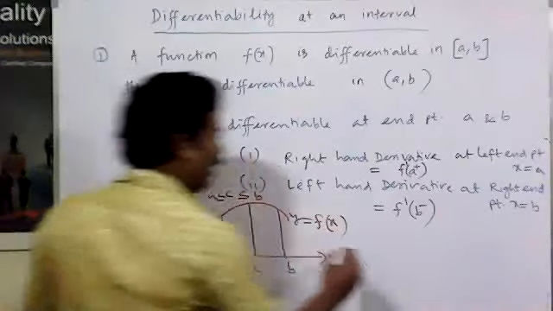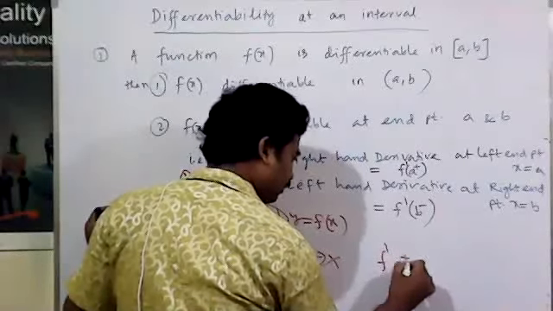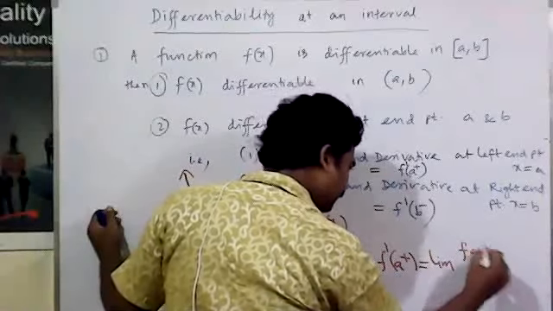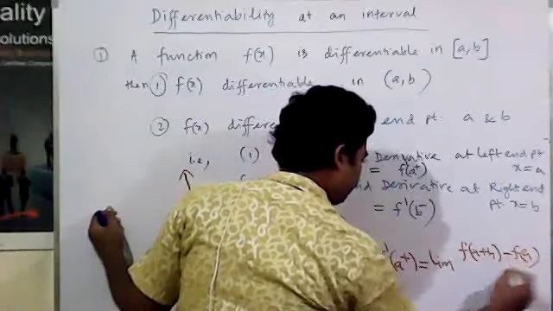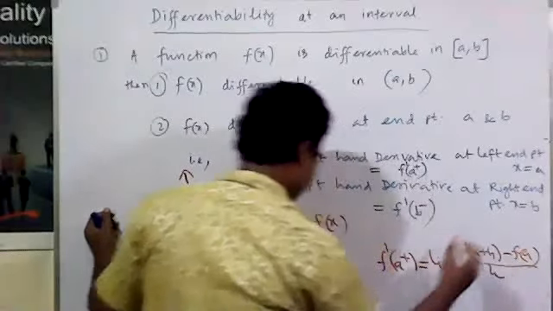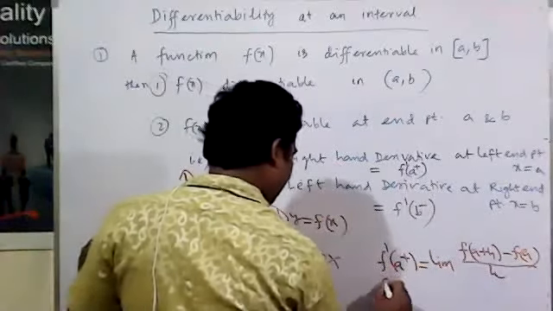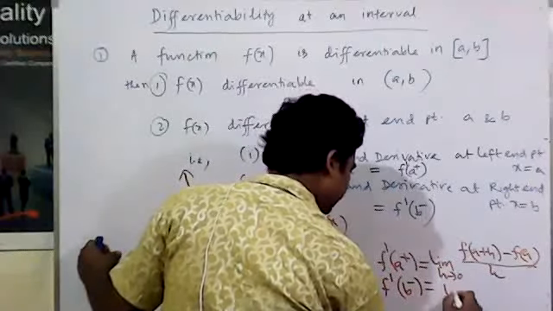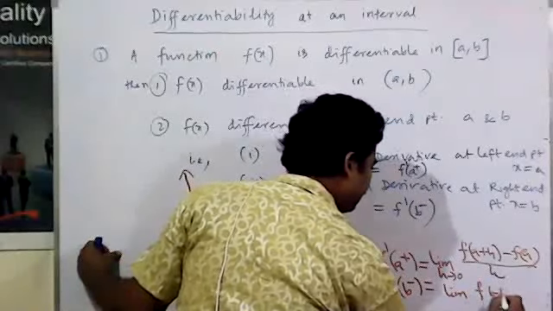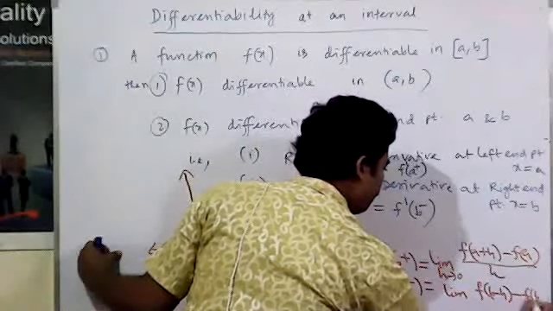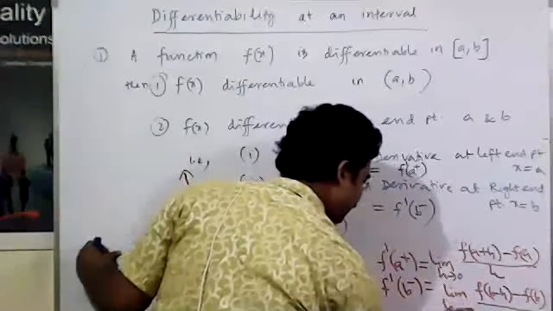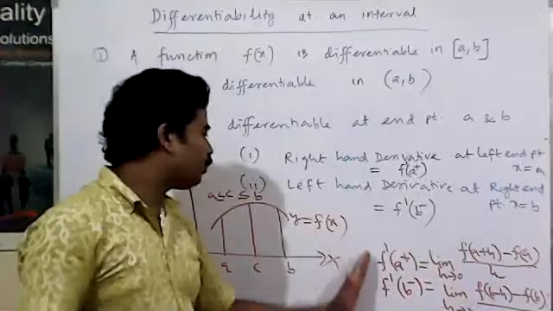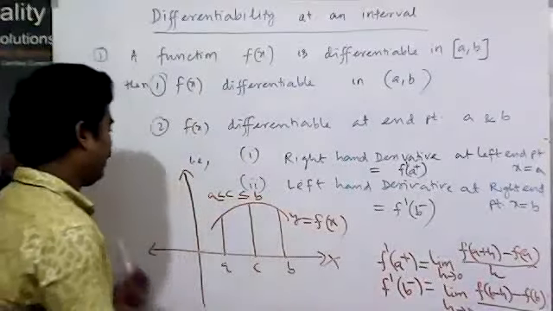Here f dash a plus is equal to limit of f(a plus h) minus f(a) by h. Similarly, f dash b minus is equal to limit of f(b minus h) minus f(b) divided by minus h, as h tends to 0. That means these two must be finite.